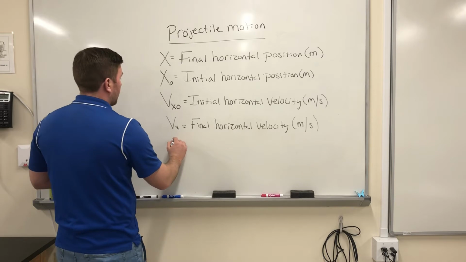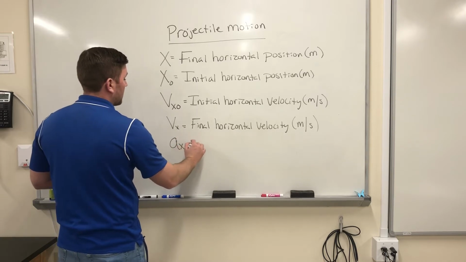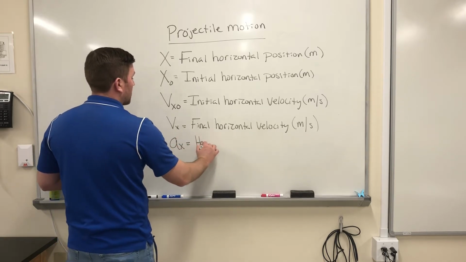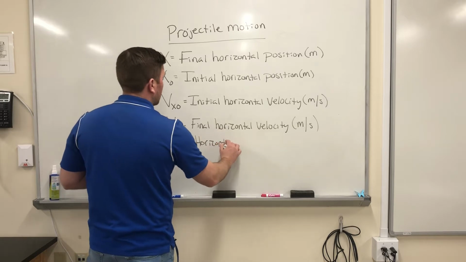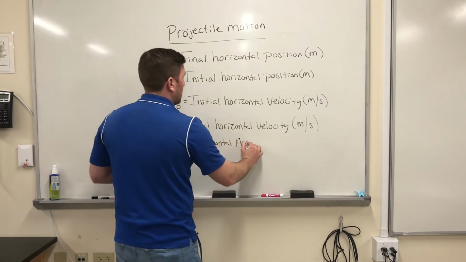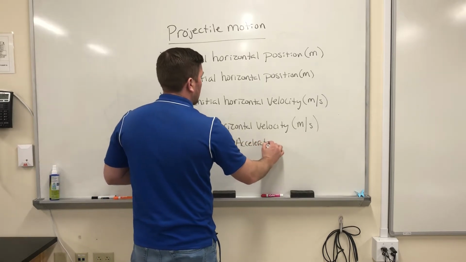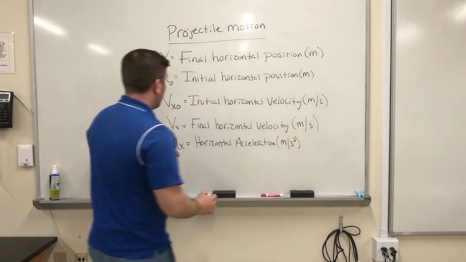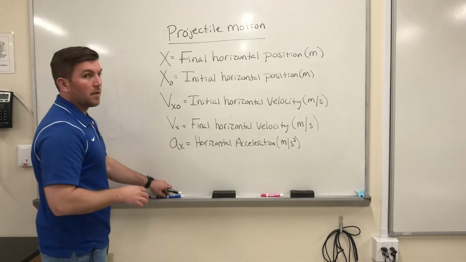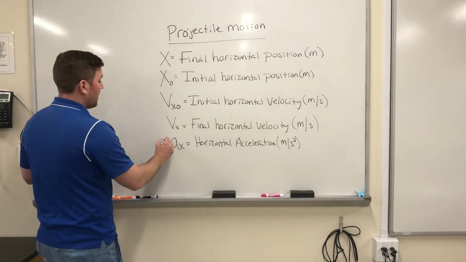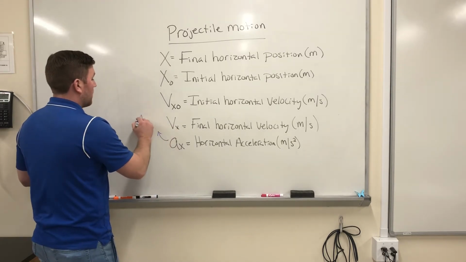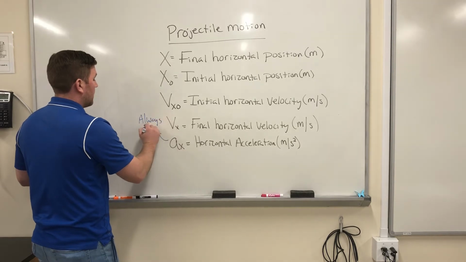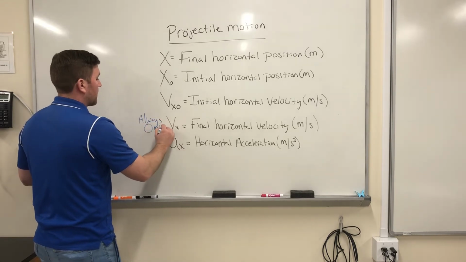We also have AX, which is horizontal acceleration. And we're going to use meters per second squared. The key with this one, if you're looking for an easy one to remember, this is always 0 meters per second squared.